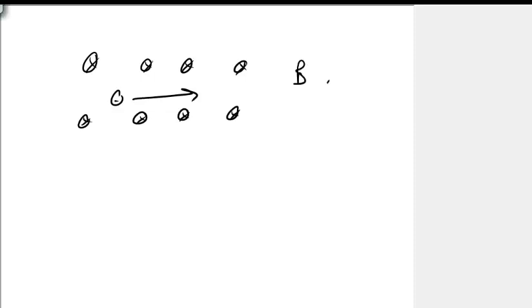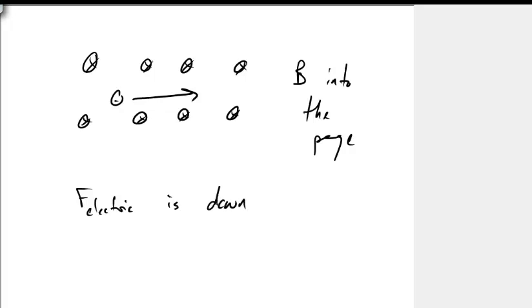It says be into the page. You can't see me right now, but I'm actually doing the left-hand rule as I'm talking. And then my palm or my other three fingers are pointing towards me. Now, so with respect to the page, the electric force then, according to the left-hand rule, is down the page.